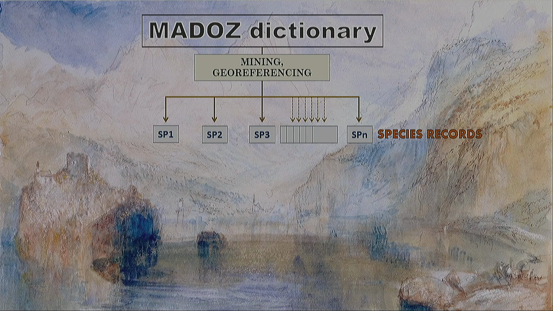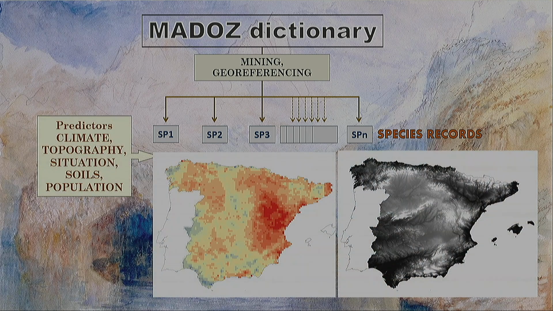We have gone through the Madoz dictionary. We have mined the whole source, gone through all of its pages, and have collected records for different species. What we are doing now is modeling the distributions of the different species. We have already done that with animal species.